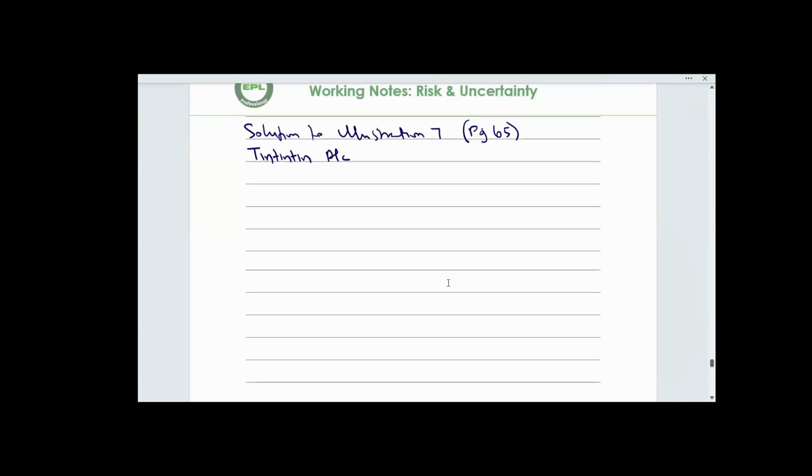So without wasting time, please pay attention to what I'm about to say. If on the day of your exam, you have a question on decision tree that you want to solve, before you put your pen to paper, it is advisable that you draw a rough sketch of your tree diagram at the back of your answer booklet. Don't draw anything on your question paper because you may be penalized.